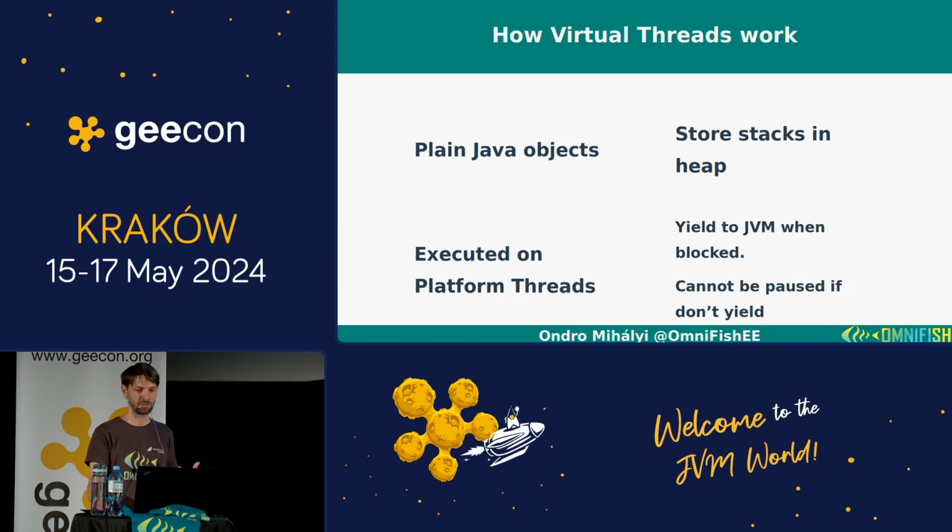But the thing with this is that this happens when the thread asks the virtual machine. So that's what took a while for the designers, the architects of Java, to redesign all the I/O calls so that the virtual thread can tell the virtual machine that it is going to do an I/O call, and the virtual machine then can put it off and schedule something else that is going to do real work while the other thread is waiting.